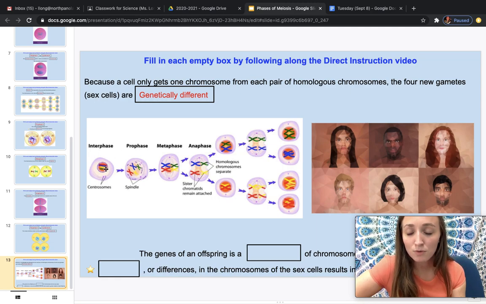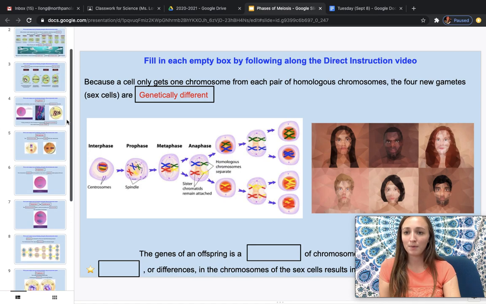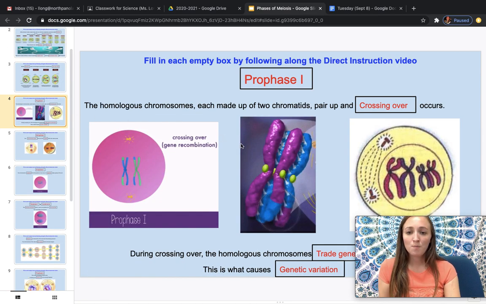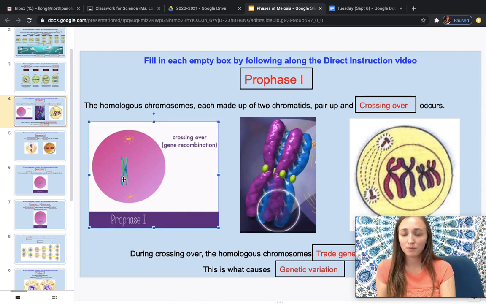Okay, if you look at these cells going through meiosis, once they cross over, both sides of that X are not going to be identical. So if you look at this first blue chromosome in this GIF right here, this side has some green, but the other side is fully blue.